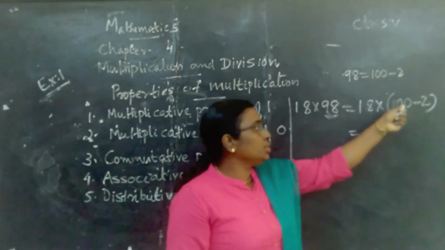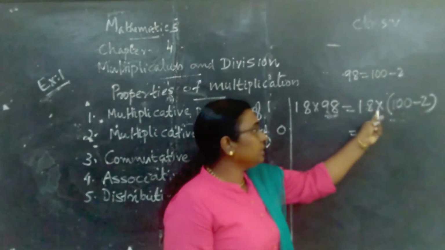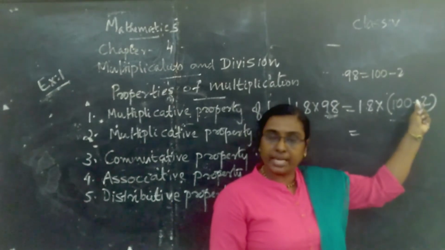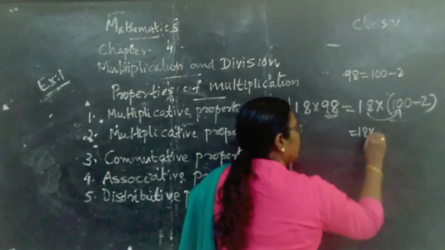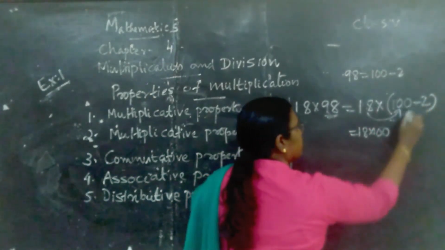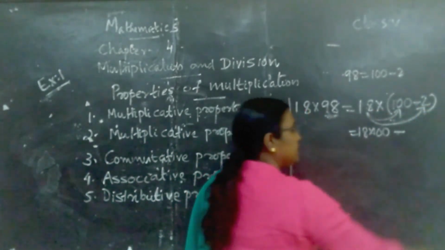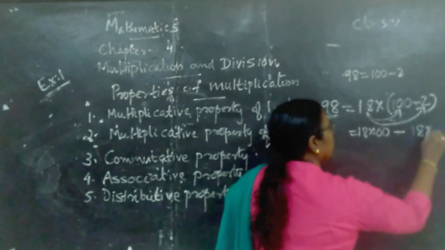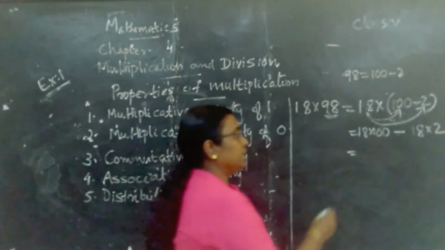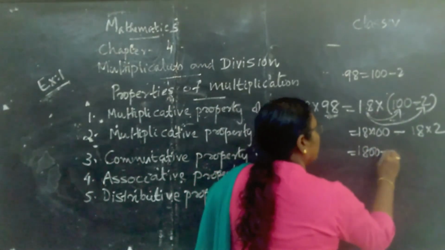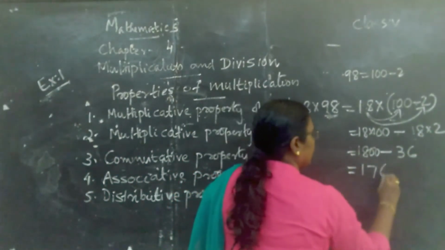First multiply 18 into 100, then write the minus symbol, then multiply 18 with 2. 18 into 100 is 1800, minus 18 into 2 which is 36, equals 1764.